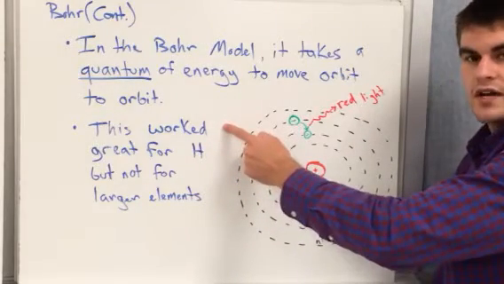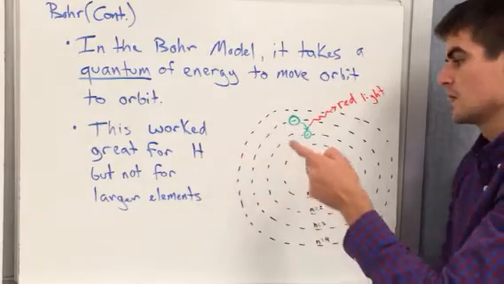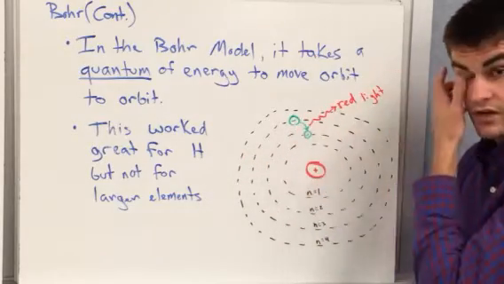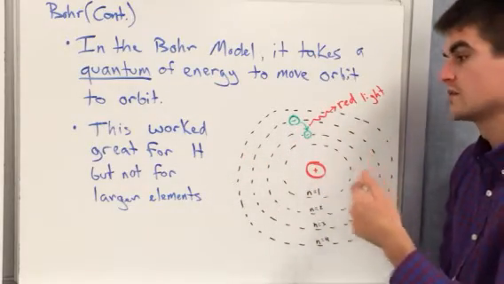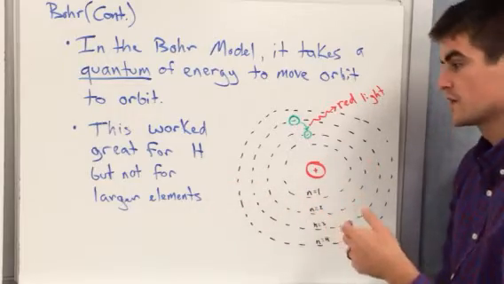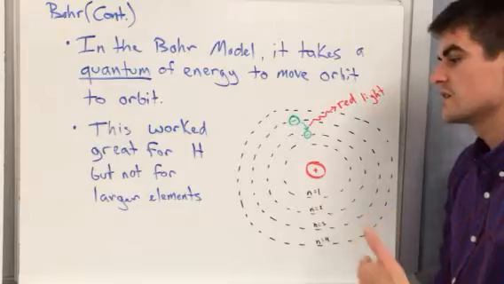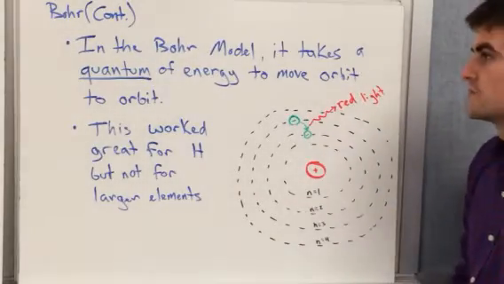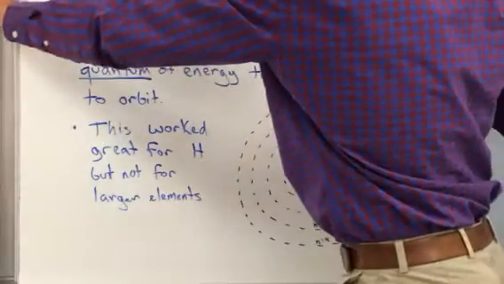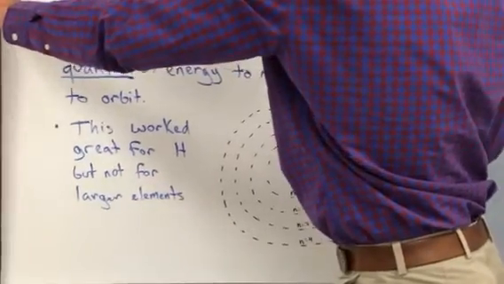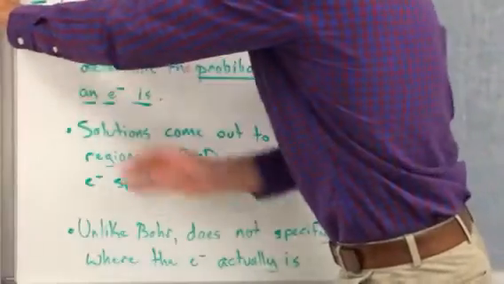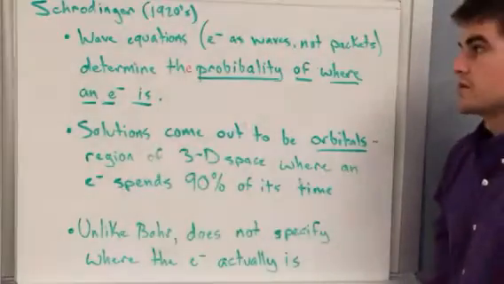This worked great for hydrogen, which had only one electron, so it was pretty easy to follow that electron around. But for anything bigger, even for helium, this broke down. So again, science needed another model, and in comes Schrödinger.